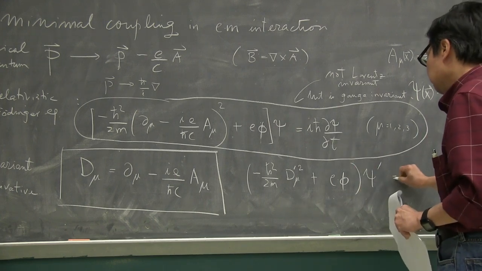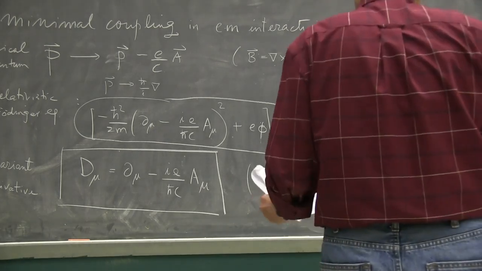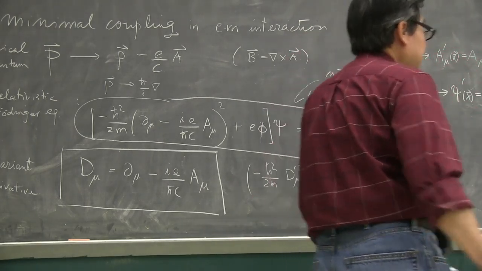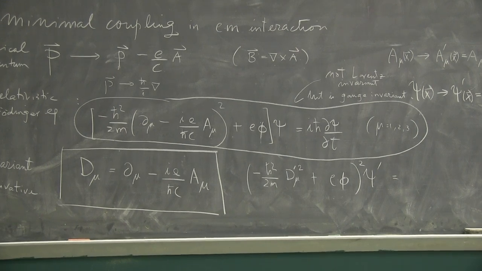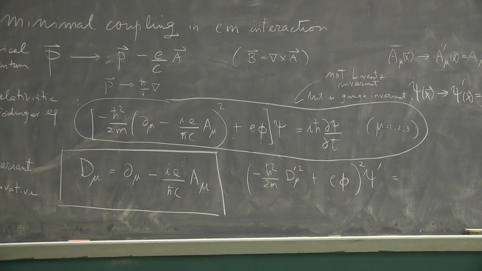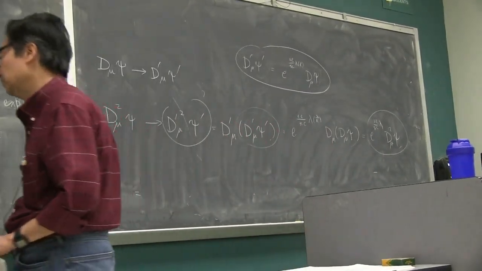which I know now, square, right? The new equation would involve primed quantities and square, which I know now I can write in terms of that equation, okay? The second covariant derivative, this guy, is just equal to that same exponential function times the old second covariant derivative.